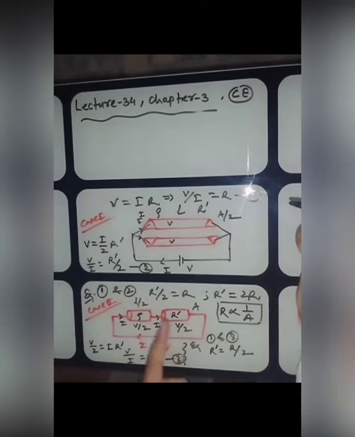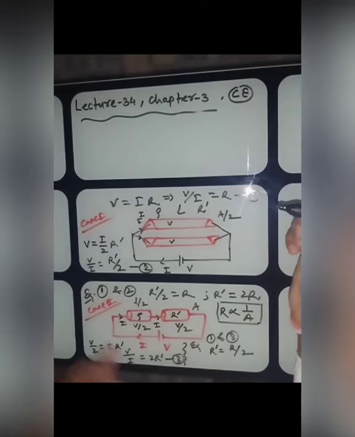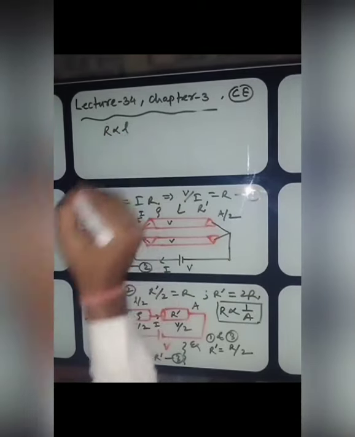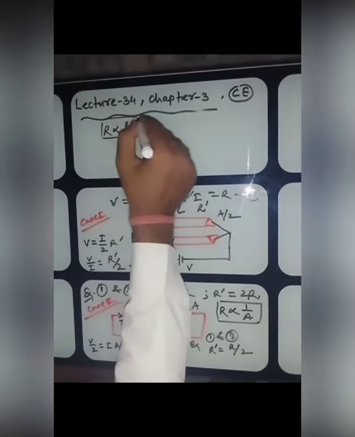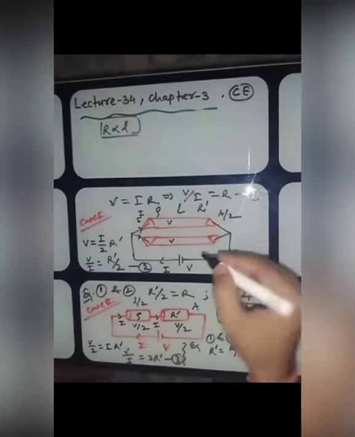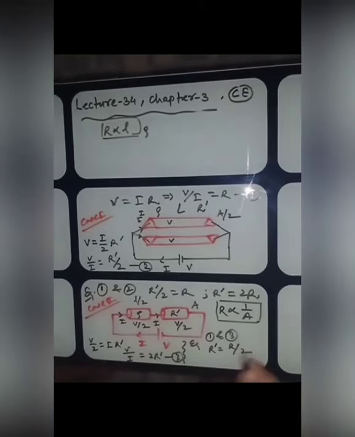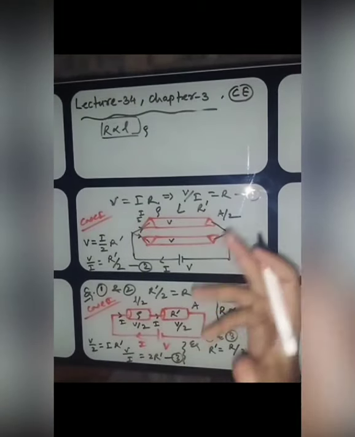Remember, keeping the cross-sectional area constant, if the length becomes half, the resistance becomes half. So resistance is directly proportional to length. Here also rho is constant, that is the resistivity.